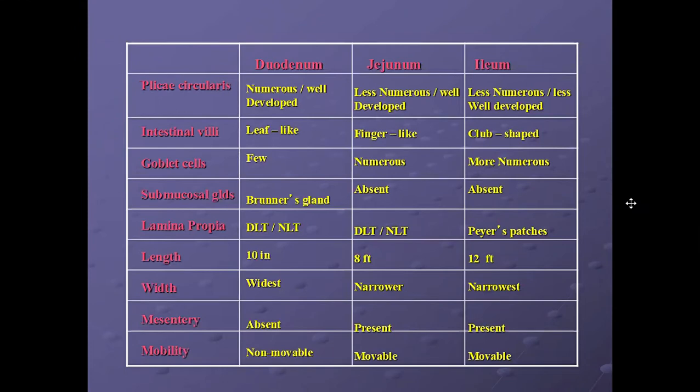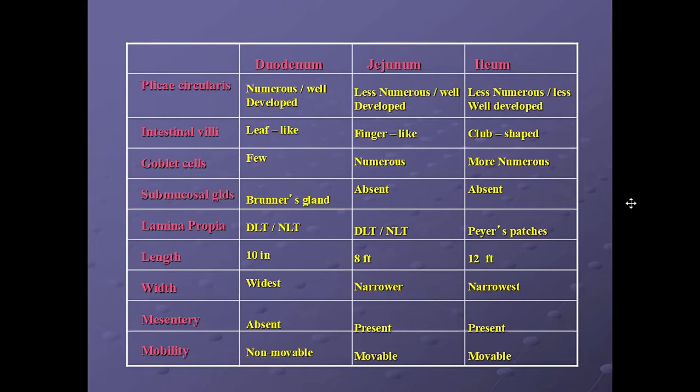Now, the lamina propria is dense, the same all throughout, but when it is already ileum, you do not describe it as dense or nodular. You say Peyer's patches. The length: 10 inches in the duodenum, 8 feet in the jejunum, and the ileum is 12 feet. The width, the widest is the duodenum.